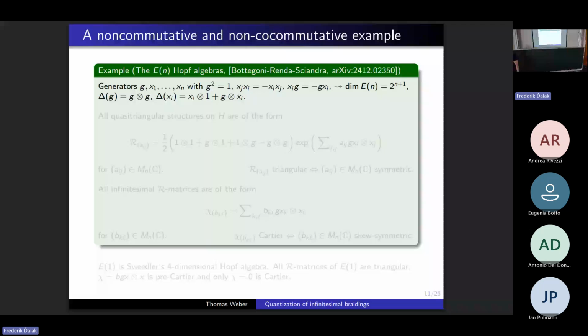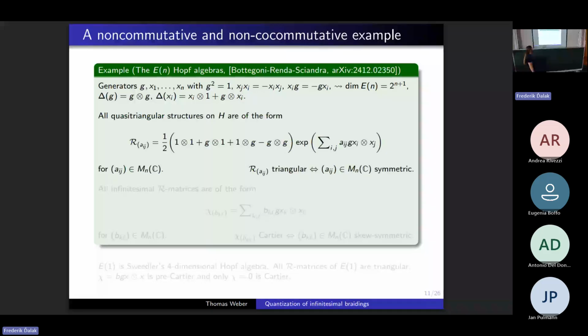What is nice is that for this class of Hopf algebras, people classified all possible R matrices, and they look like this here. The input is an n by n matrix with values in complex numbers, and you simply sum over the terms, and this gives you an R matrix for E(n).